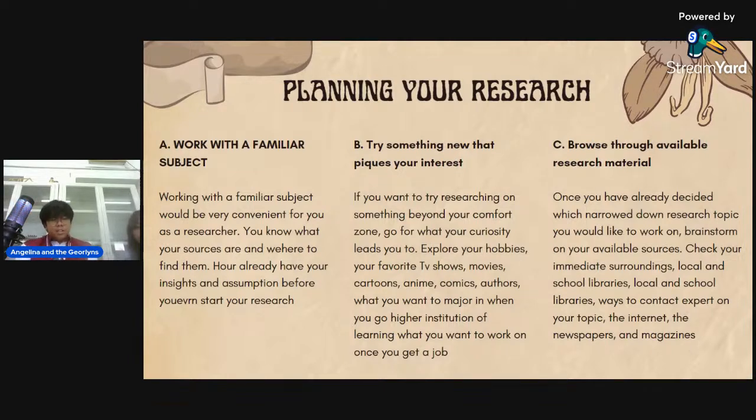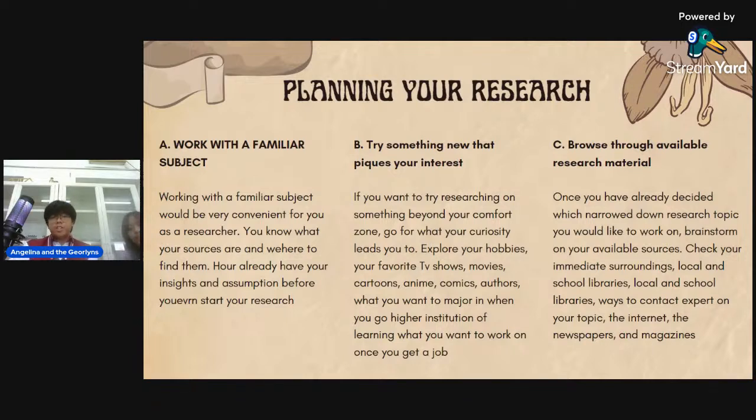And second, try something new that piques your interest. So basically, try to plan a research that catches your interest on the topic, and browse through available research material.